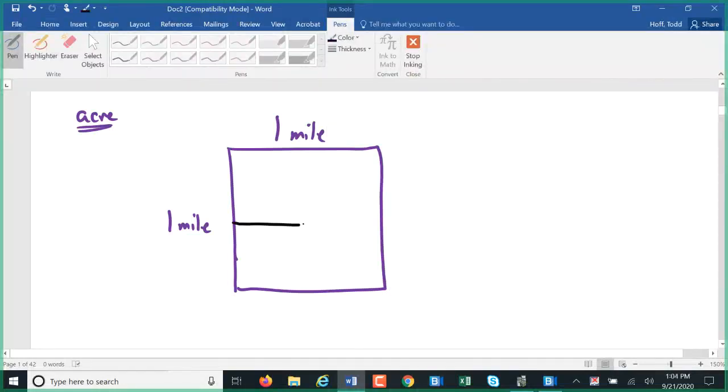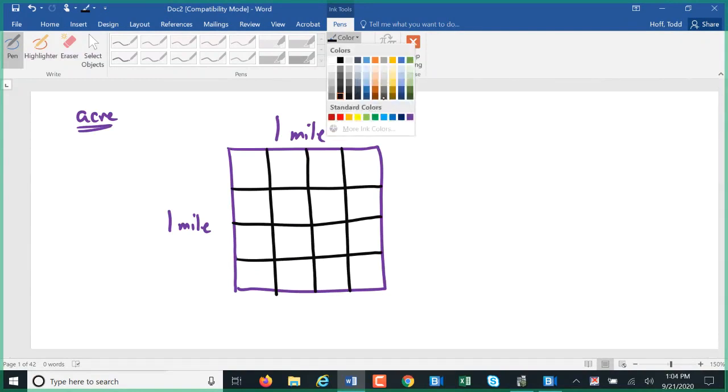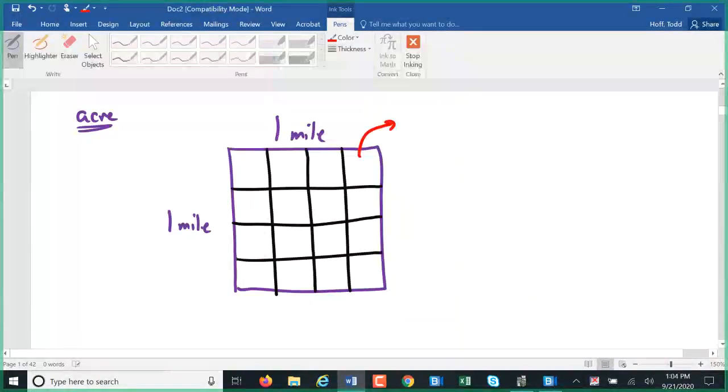Land is traditionally divided into 40s. A 40 is 40 acres. A section, or a square mile, is divided up into 16 40s. One 40-acre piece.